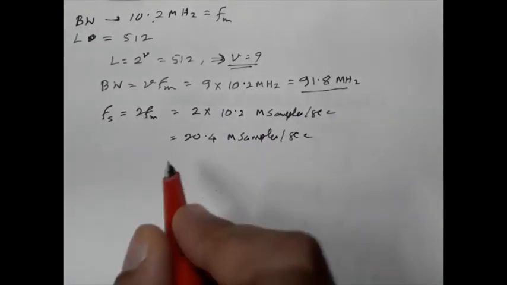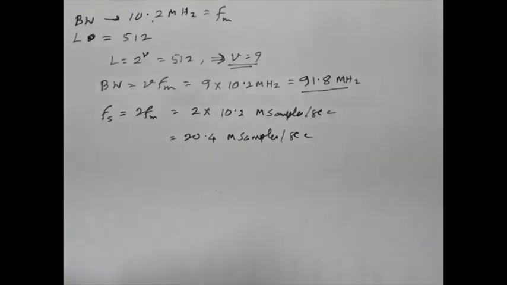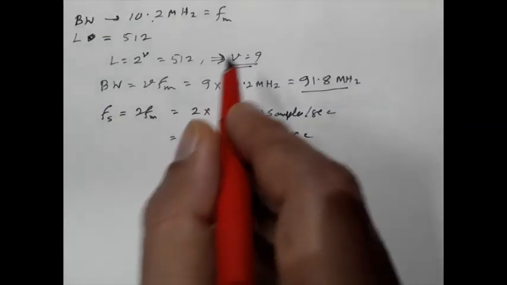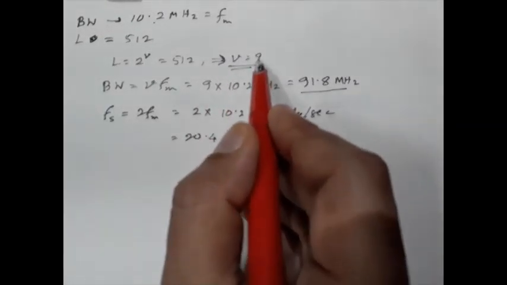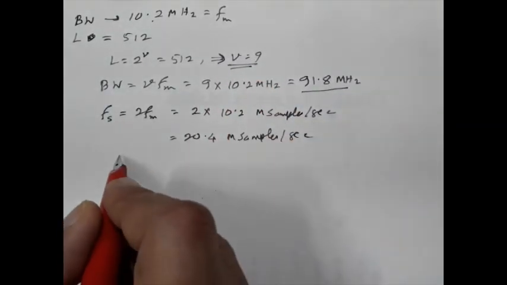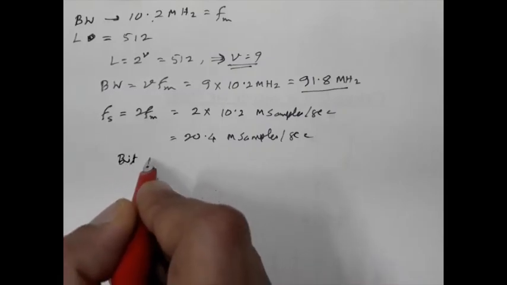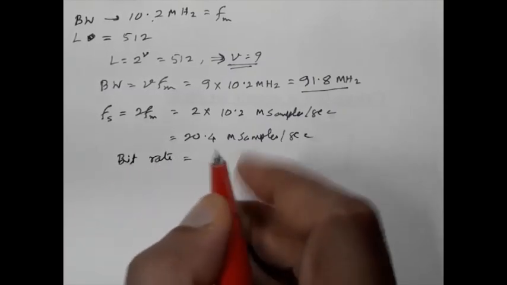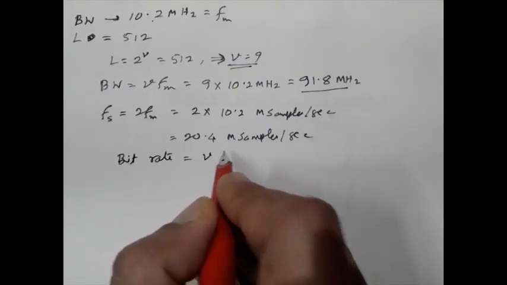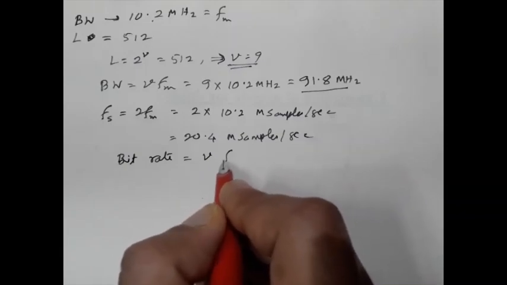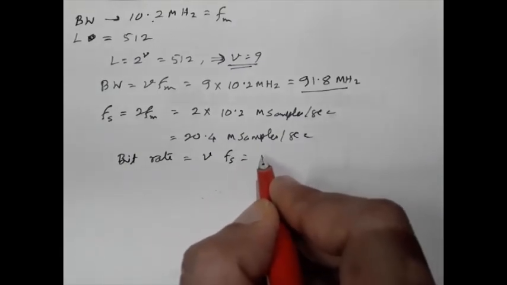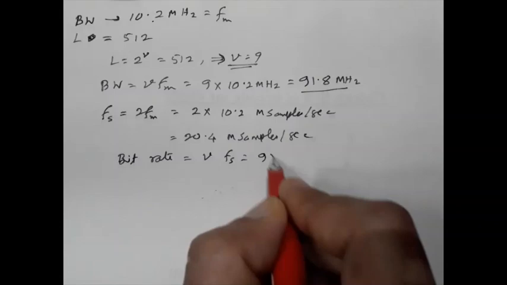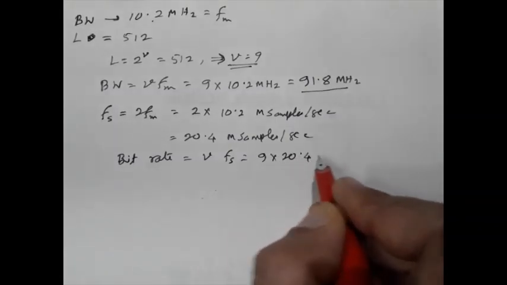So this is the number of samples per second, and for each sample we have 9 bits. So bit rate is equal to n into fs, that is equal to 9 into 20.4.